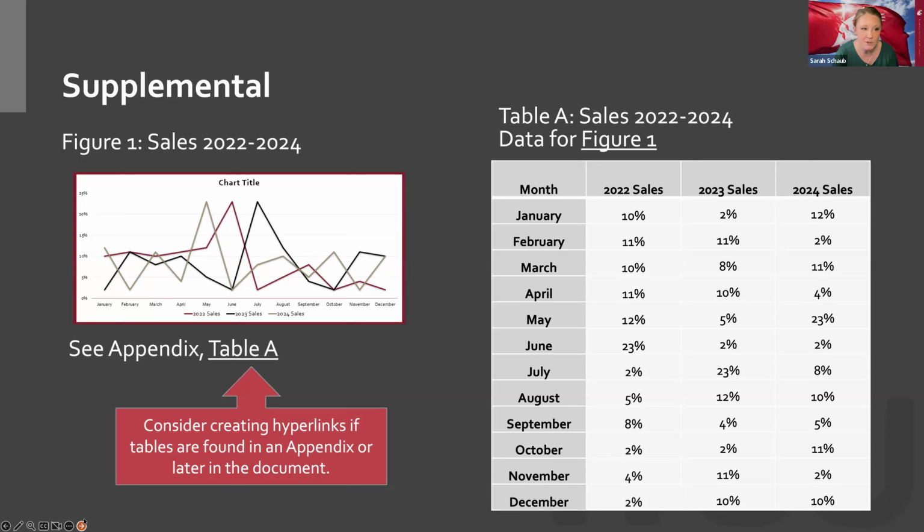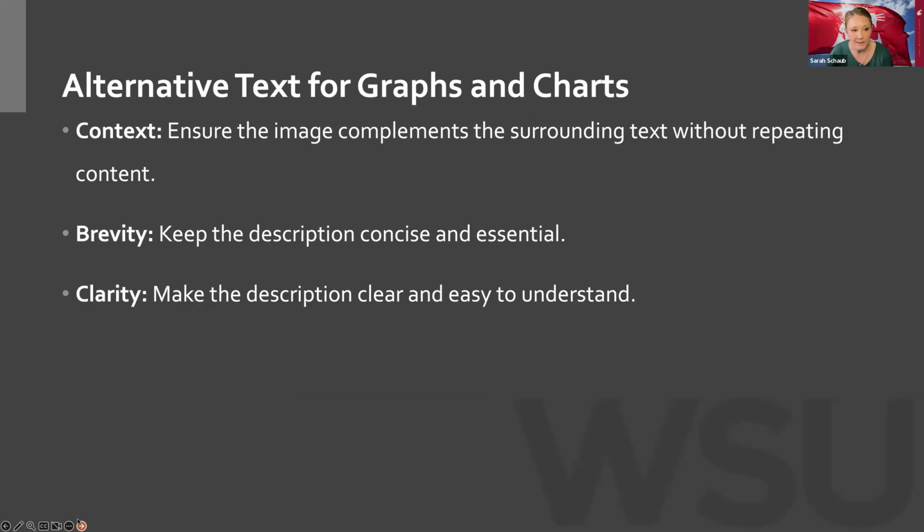For example, underneath the chart, you could provide the text "See Appendix Table A" and hyperlink to Table A if it is in an appendix or on a different web page or wherever that content lives. Consider creating hyperlinks if the tables are found somewhere else, and then providing Table A, sales 2022 to 2024, data for Figure 1. So you're tying it back to that figure by identifying it in the appendix or wherever you're linking it to.